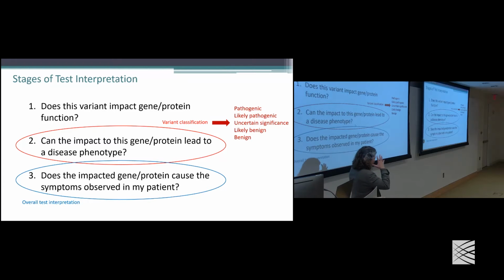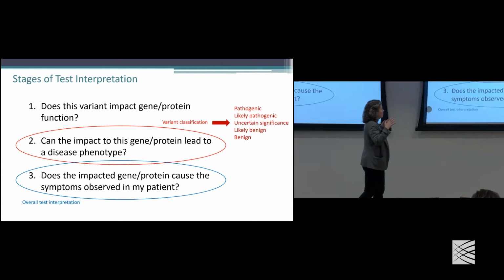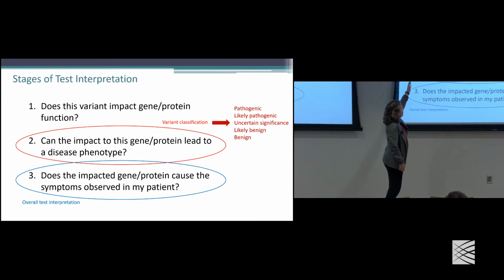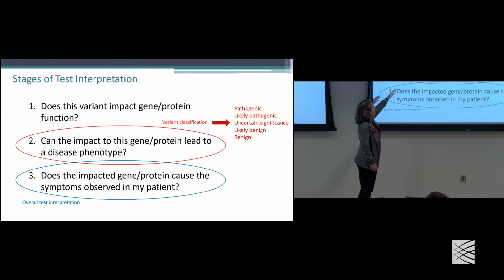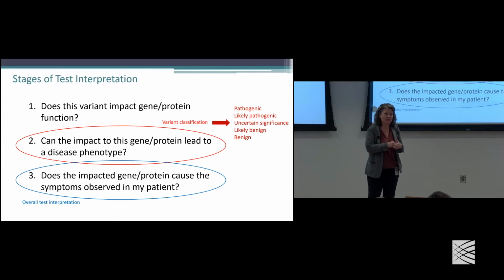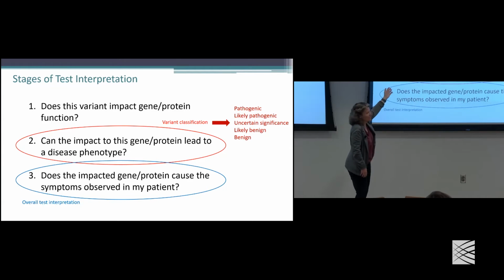And I just want to say, when you think about variant classification, there are different ways to think about it. One, you might be asking, does the variant impact gene or protein function? I told you early on, you can't call a variant pathogenic if the gene isn't implicated in disease, but you can say it may disrupt function if you know what the function is.